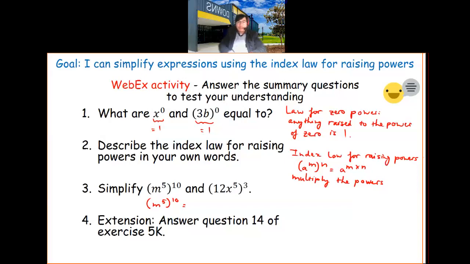All right, times the powers together. Here we have the powers being 5 and 10. Like Larissa says, times the powers together, so 5 times 10. Good, and that's going to give me an answer of what? Maybe someone else besides Larissa?